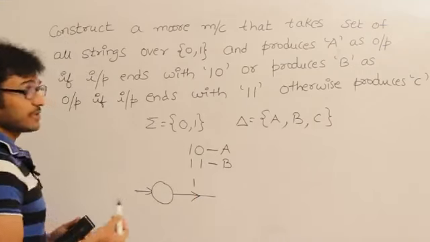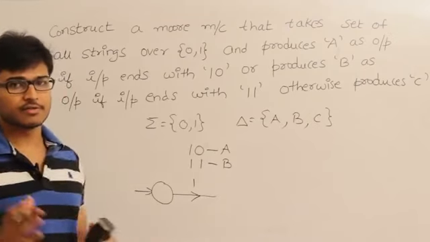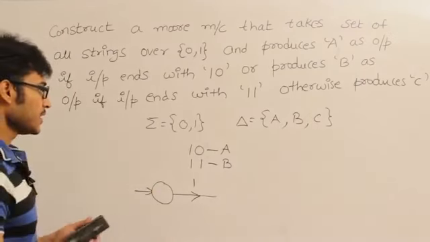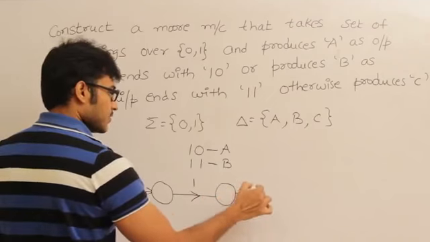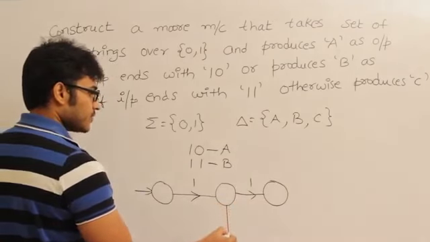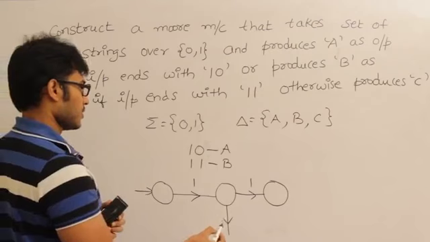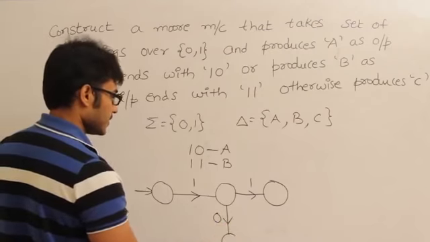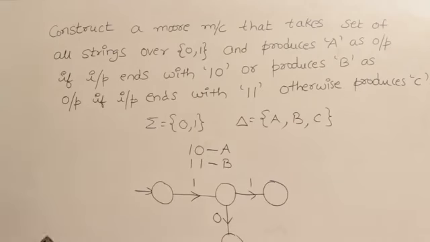I am not going to explain the method of how to construct the DFA, that we have already discussed in the previous question. So I am directly going to draw the DFA. If it is going to end with 1, 1, I will be in this state. If it is going to end with 1, 0, I will be in this state. Okay. So now let us fill the finite automata.